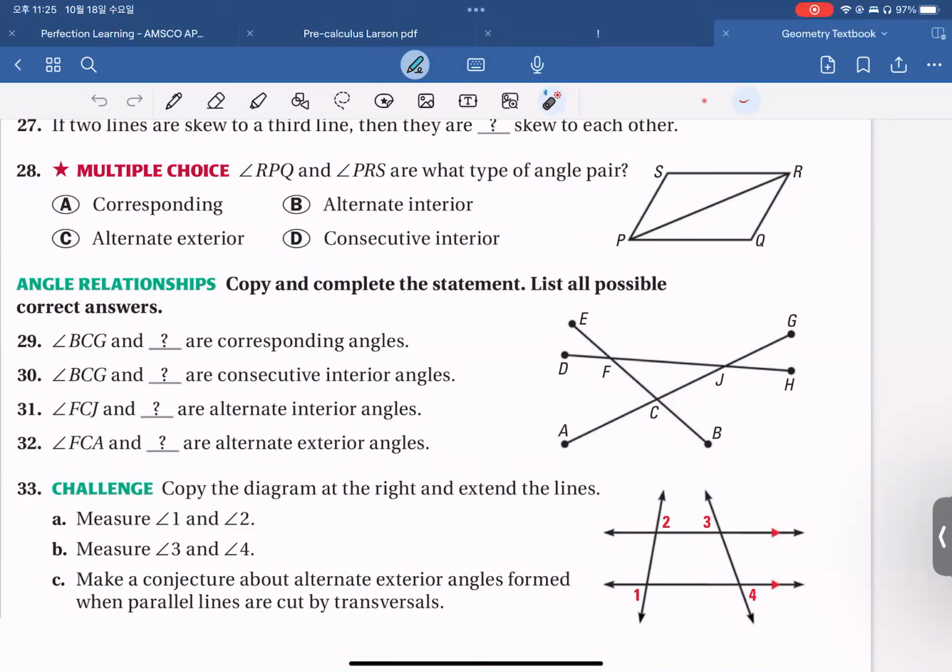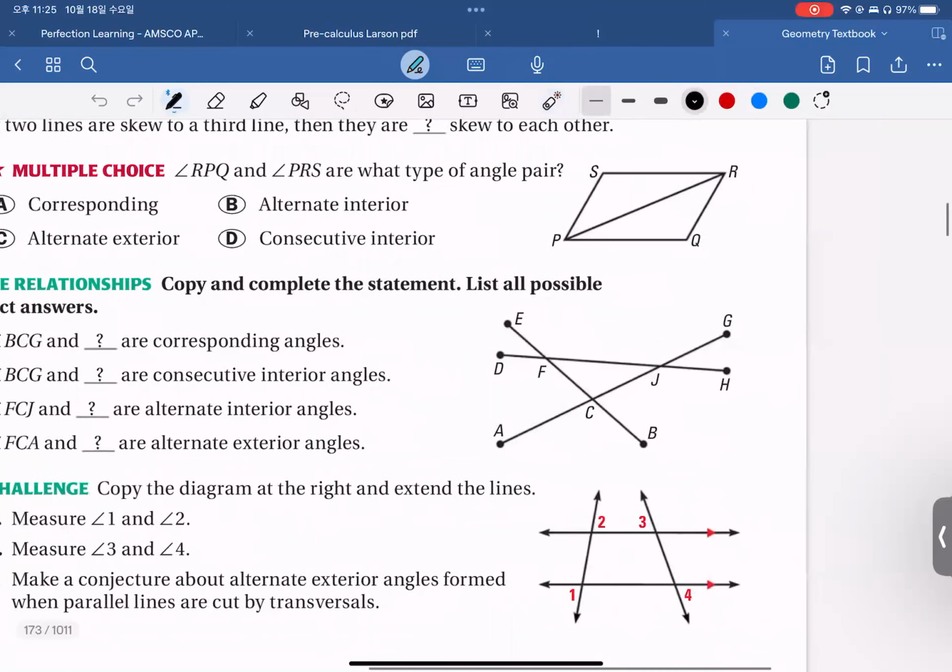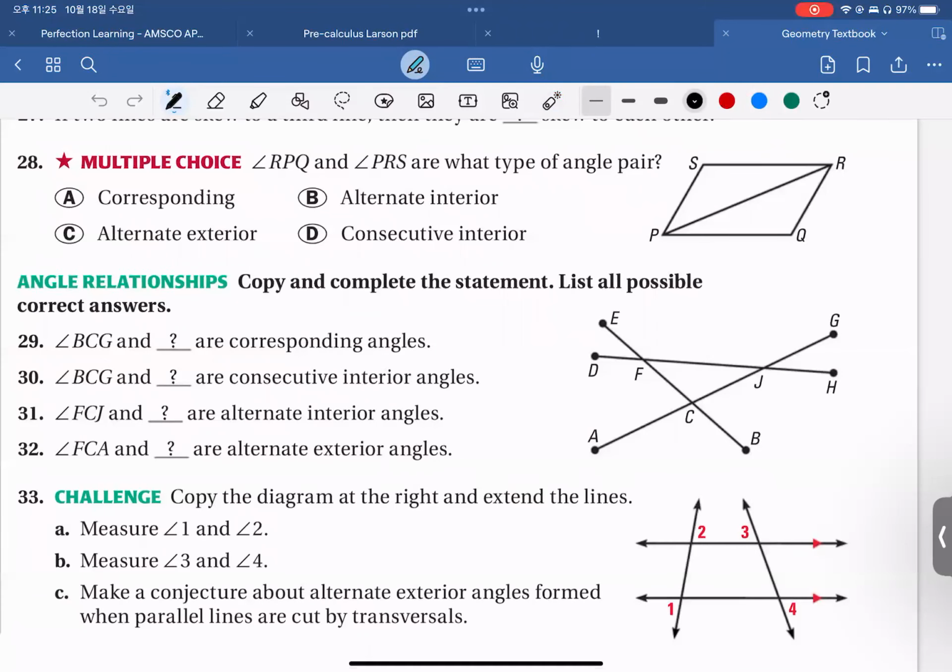In this case, the corresponding angle would be here, because you're trying to find a corresponding angle that's in the same spot. That would be angle JFC, because they're on the same transversal and are thus corresponding.